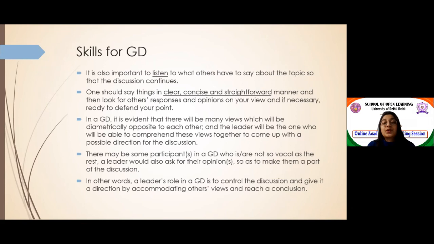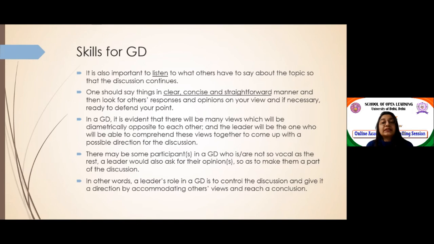All right. And what are these skills that you require in a GD? It is very important to listen to what others have to say about the topic so that the discussion continues, right? Because you are a group of 5 or more than 10 persons, you need to be very careful about listening to what the other person has to say before saying anything out loud.